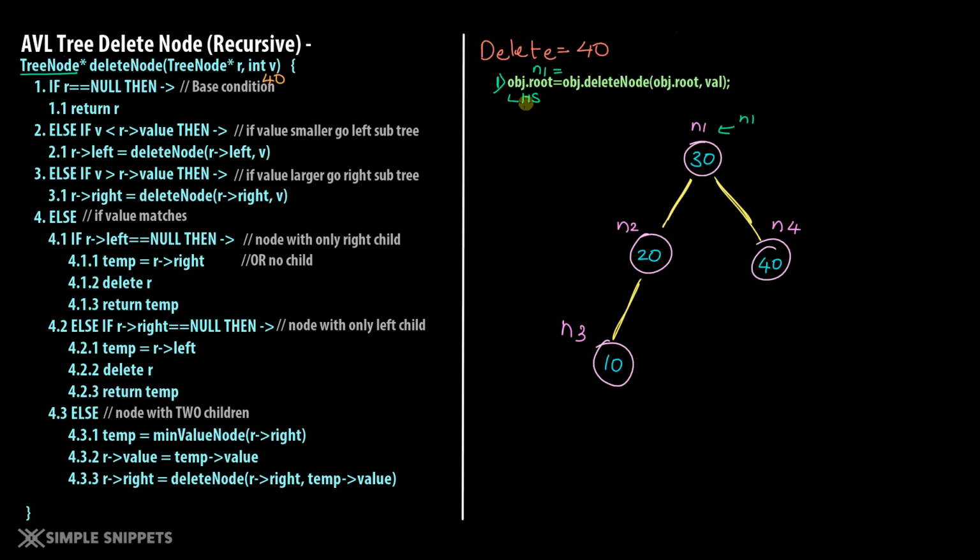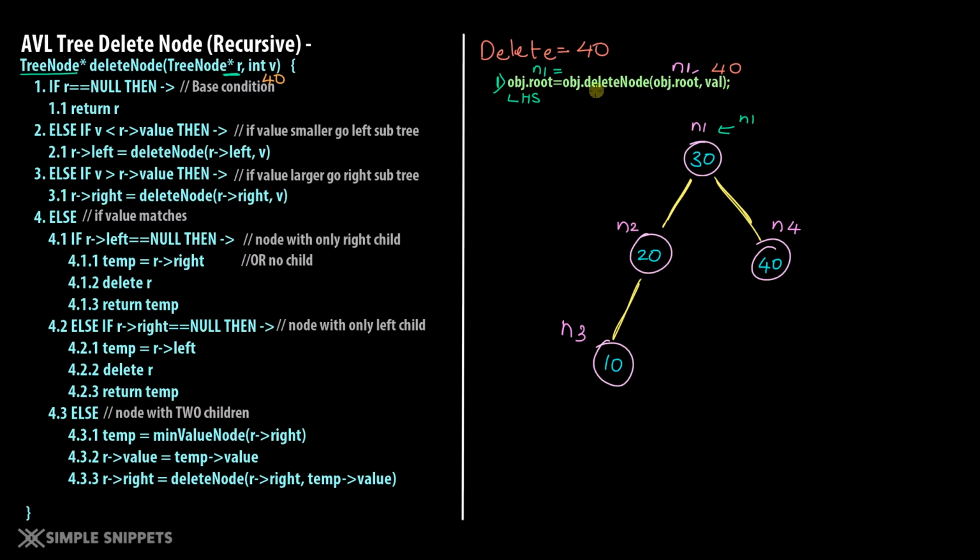Okay. So for the first function call, we are saying obj.root on the left hand side, and on the right hand side you say obj using the same class to call the function, that is the member function delete node. Inside that, the first parameter you can see over here, R, is nothing but we are passing the root node, which as I mentioned is already N1, comma the value that you want to delete, which is 40. Okay. Alright.